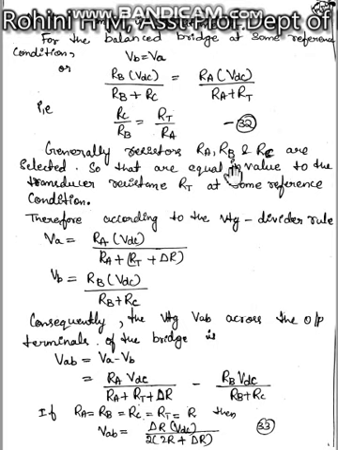Generally the resistances RA, RB and RC are selected so that they are equal in value to the transducer resistance, that is RT, at some reference condition.